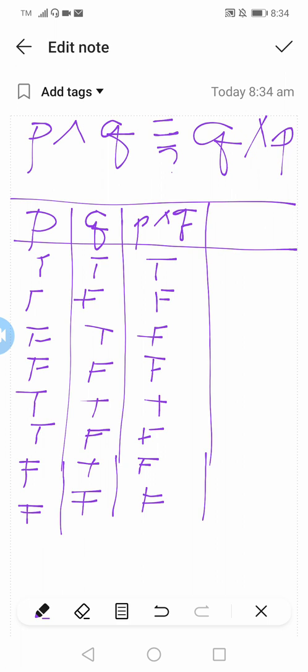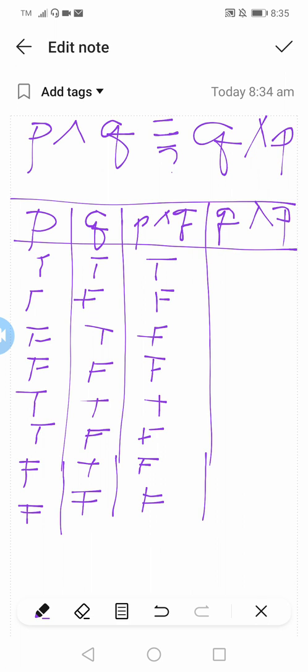Then for the second one, we have Q and P. So we also need to show the truth values of your Q and P, with the same rule as what we did in the third column.